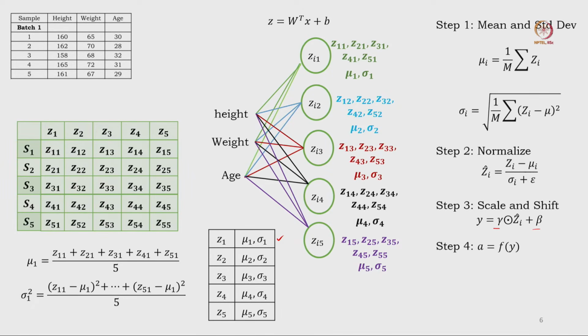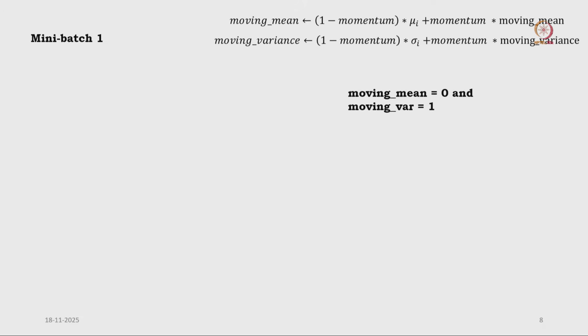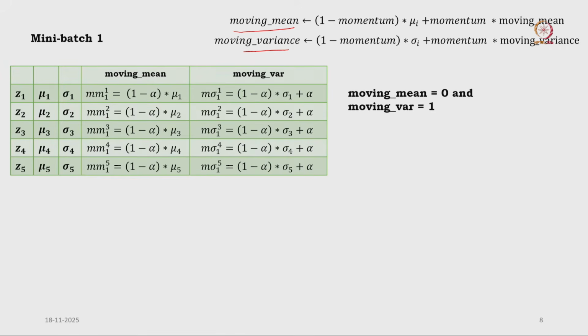We are not learning those, we are just calculating and storing them. Those 2 are moving mean and moving variance. For some time let us not bother about this part, just look only at this.